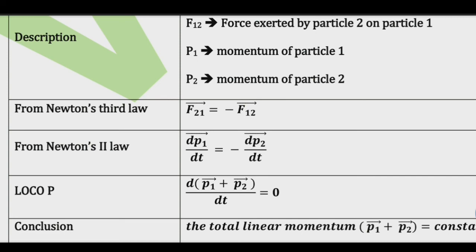It implies that p1 vector plus p2 vector is equal to a constant vector. Now p1 vector plus p2 vector is the total linear momentum of the two particles. It is also called the total linear momentum of the system.